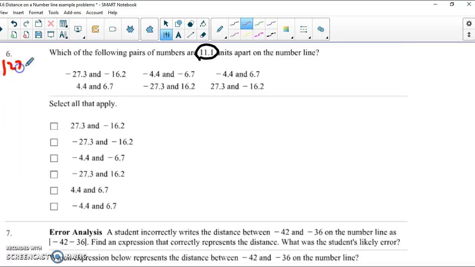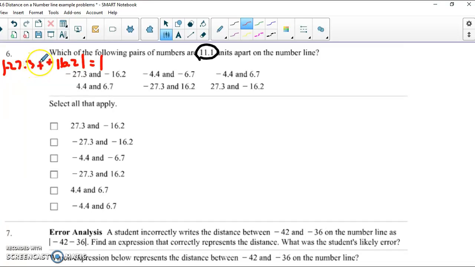Looking at the absolute value of -27 and 3/10 minus -16 and 2/10. Well, using my integer rules, since I'm subtracting with negatives, I'm going to do same, change, change. So I'm going to keep -27 and 3/10 the same, but I'm going to change the minus to a plus and the negative to a positive. So now I am adding two numbers with different signs. So I'm actually going to find the difference. So I will do 27 and 3/10 minus 16 and 2/10.